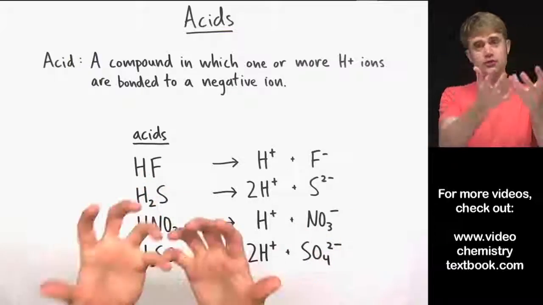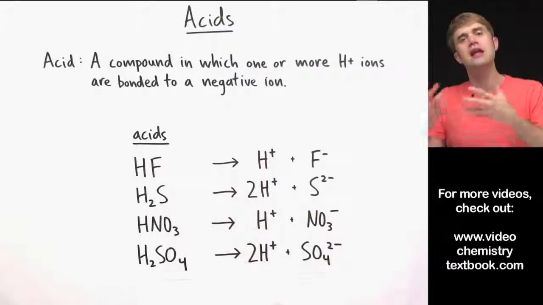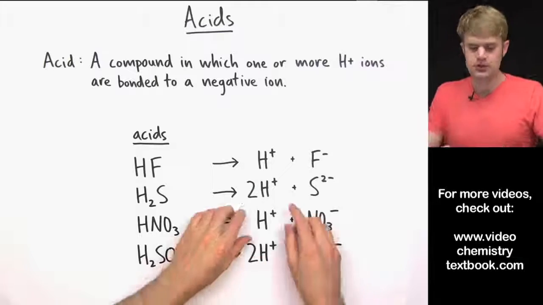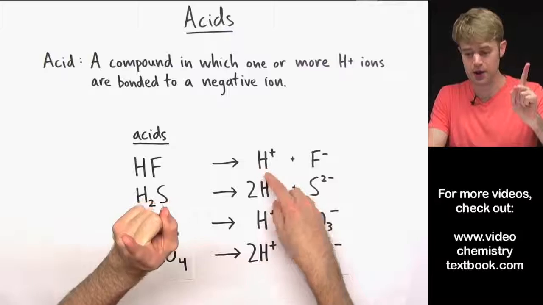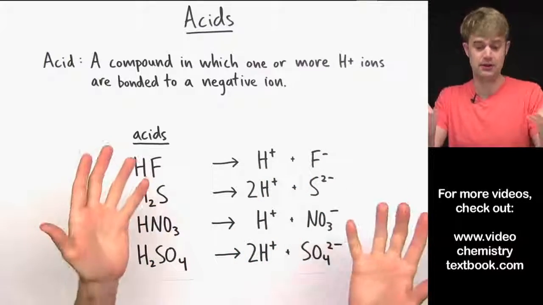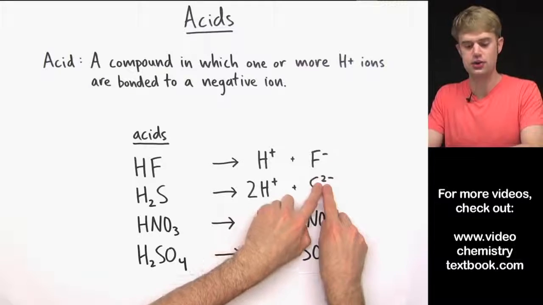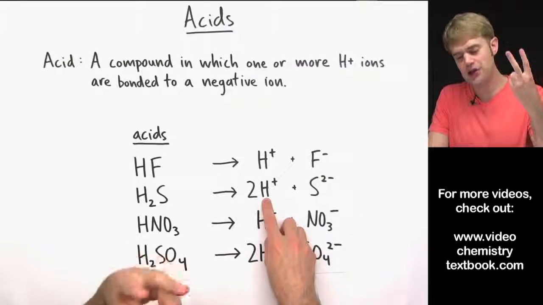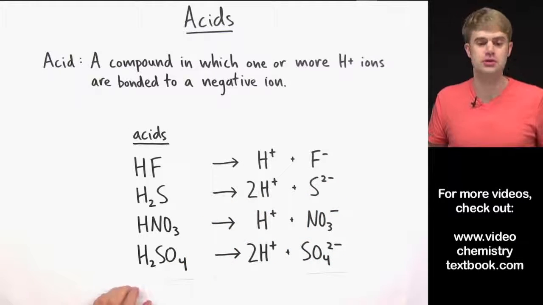That means that the charge from the H+ equals the charge from whatever the negative ion is. So in this case, we have one H+ with a charge of 1+ balancing out one F-, which has a charge of 1-. They balance. In this case, the negative ion has a 2- charge, so we have to have two H+ to balance out the 2- charge from this.